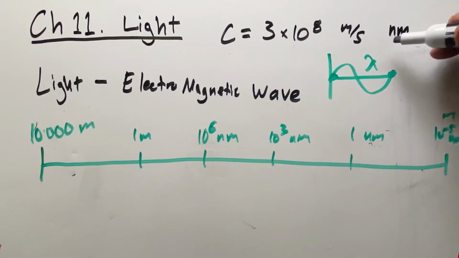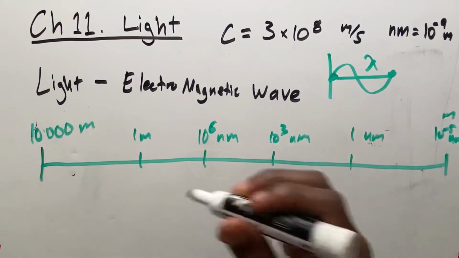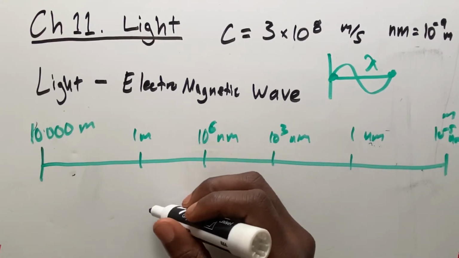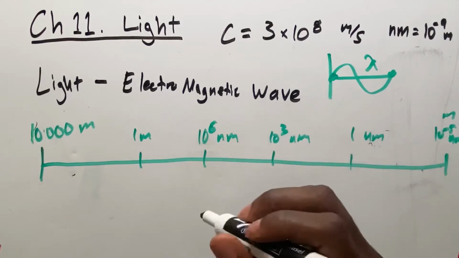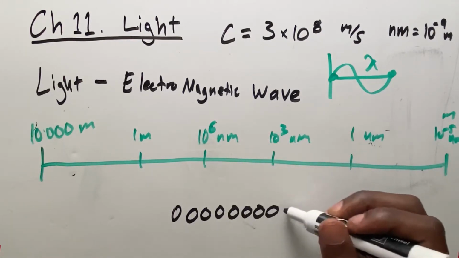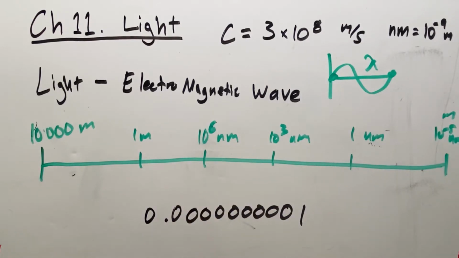So nm is for nanometer, and nanometer basically just means 10 to the negative 9 meters. So it's basically 9 zeros in front. So like 1, 2, 3, 4, 5, 6, 7, 8, 9, and then a 1 is basically like a nanometer.